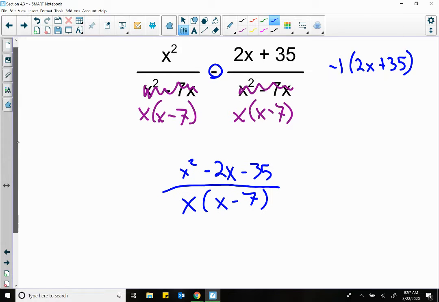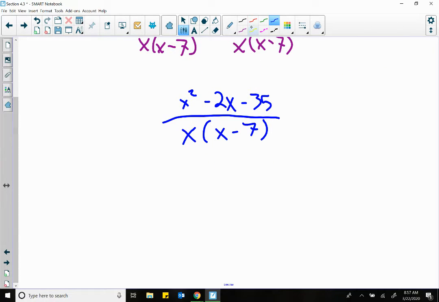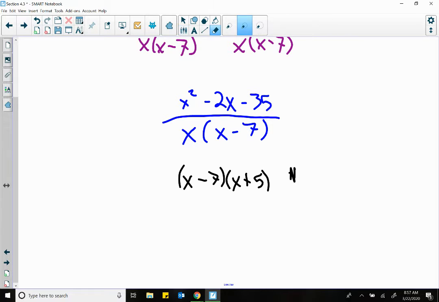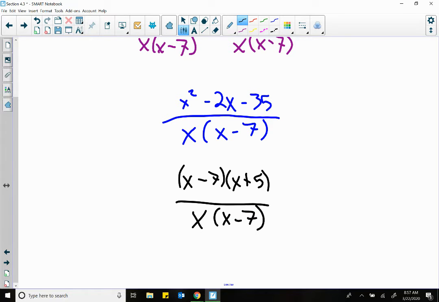Okay, so now we do just like what we did a couple of seconds ago. We got to make sure this numerator gets factored. And it does factor to x minus 7, x plus 5. Okay? All over x minus 7.